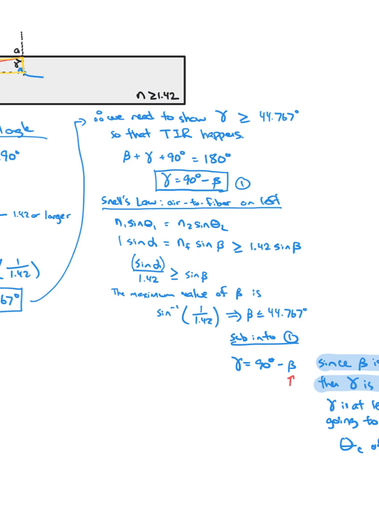Beta cannot be anything higher than 44.8. So what if beta was a bit less? What if beta was 43 degrees? Then gamma would be 90 minus 43, which is 47 degrees.